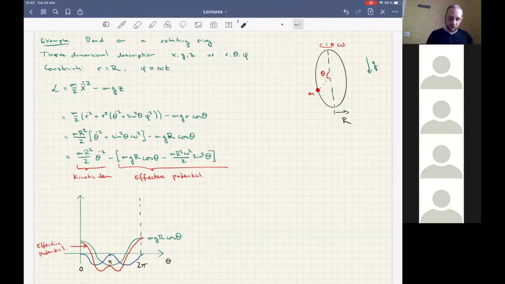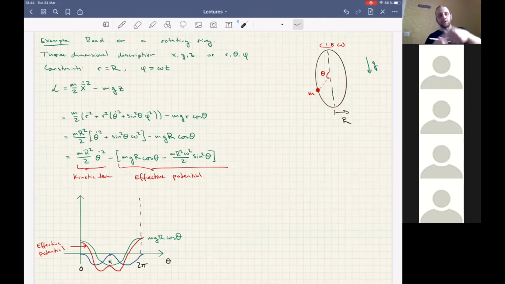So once the rotational term starts taking over, the effective potential is going to develop two minima that are displaced from theta equals pi. So what happens then is essentially your minima of the potential start moving away from theta equals pi, and they instead move up on the ring.